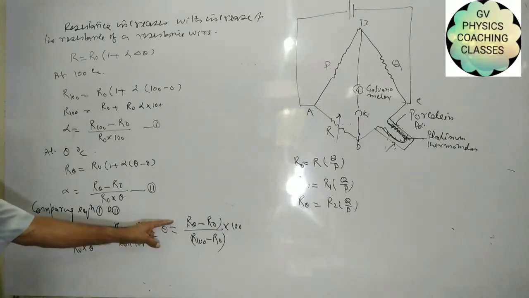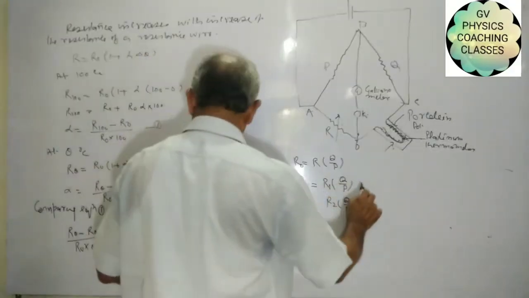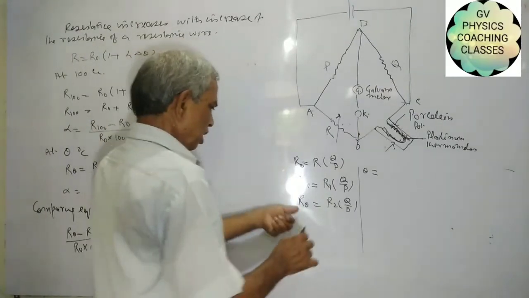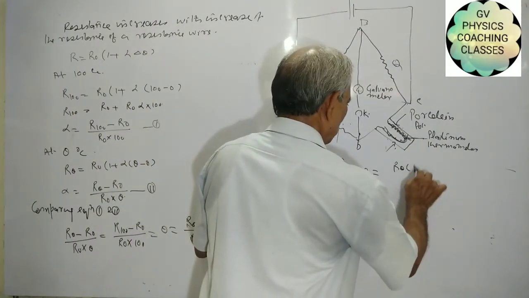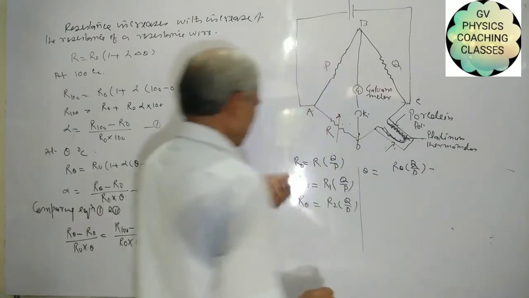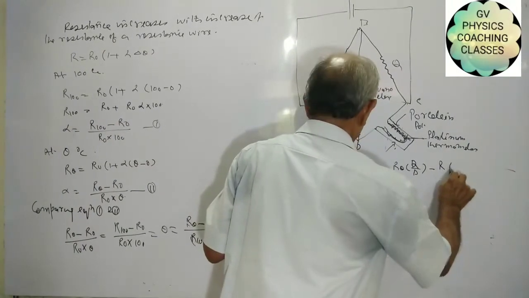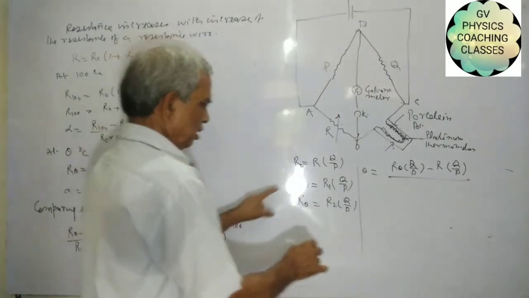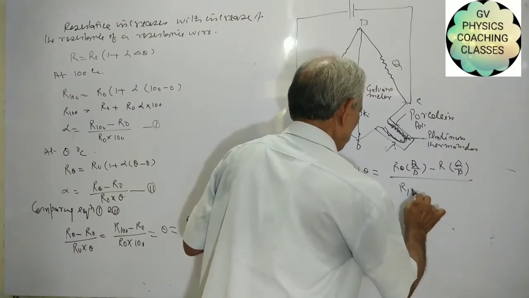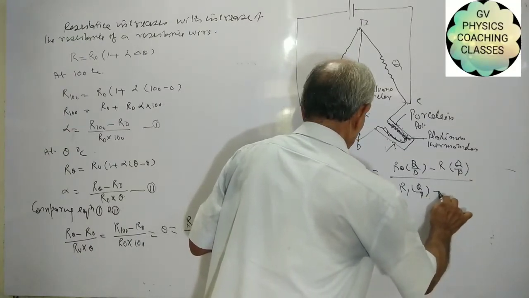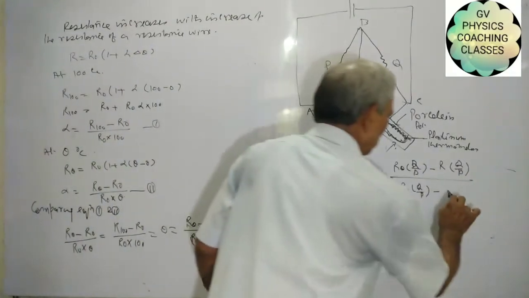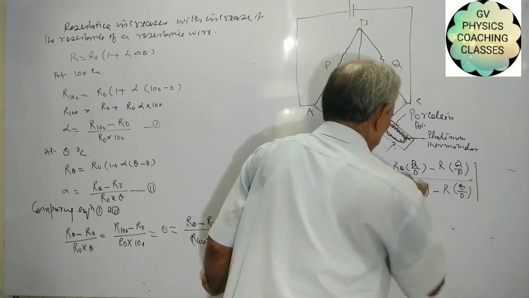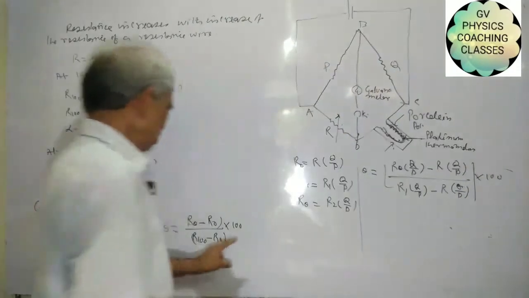Put these values here. Then theta equals R2 Q upon P minus R Q upon P, upon R1 Q upon P minus R Q upon P, and the whole into 100.